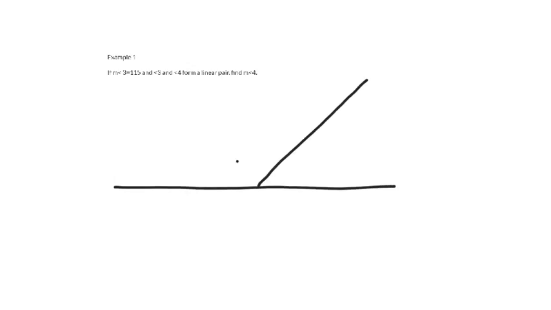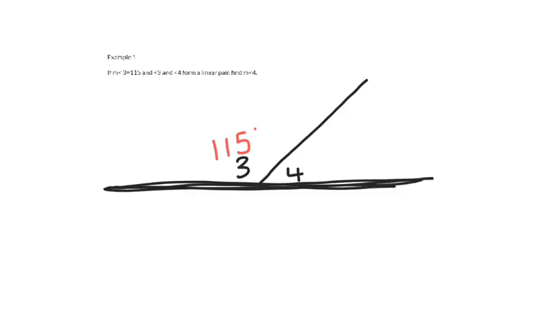For example, if the measure of angle 3 is 115 and angles 3 and 4 are a linear pair, they're going to make this line here together. They're adjacent angles that make up a line. If angle 3 is 115 degrees, what is angle 4?